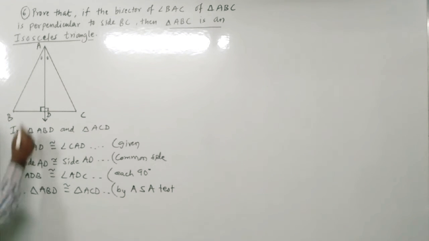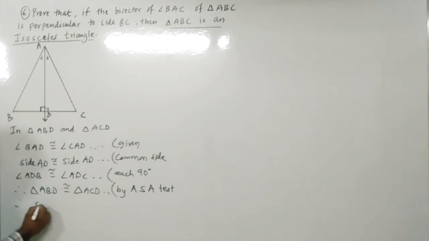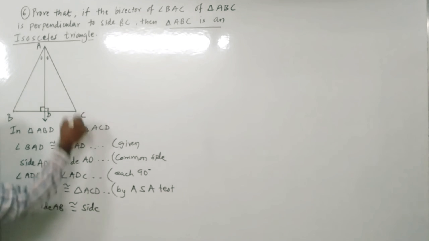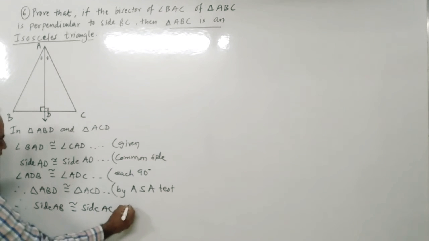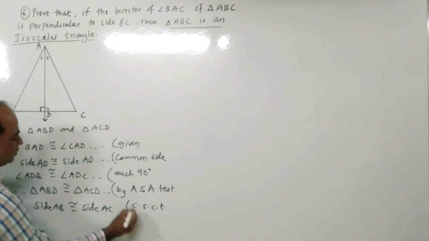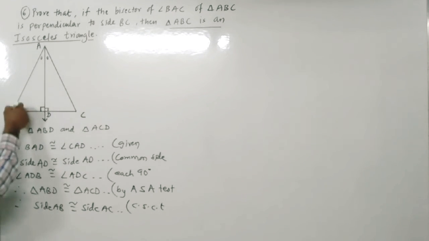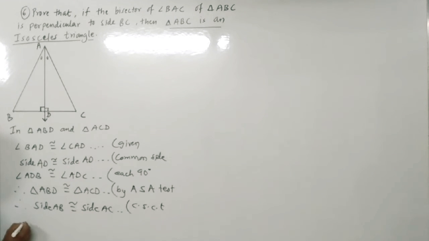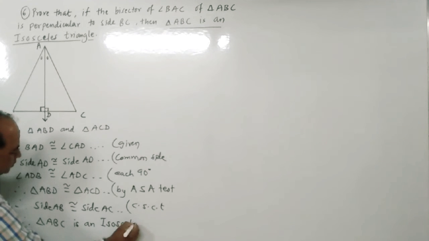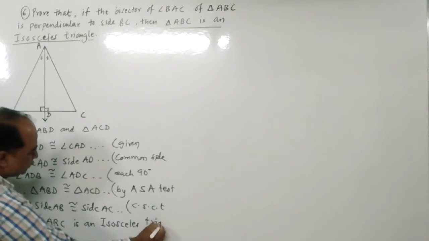Therefore side AB is congruent to side AC, corresponding sides of congruent triangles. Since these two sides are congruent, therefore the triangle is an isosceles triangle. Therefore triangle ABC is an isosceles triangle.